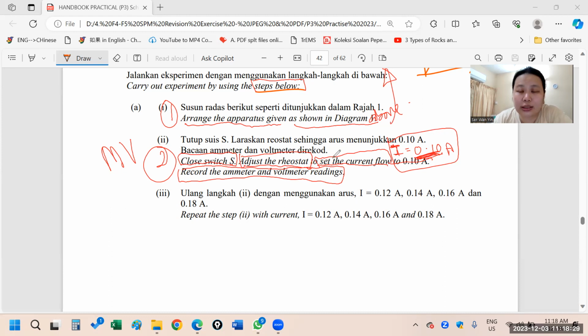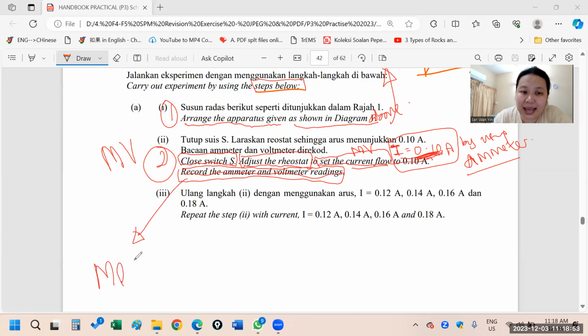Okay, so you can say adjust the rheostat to set current flow I equals 0.1 ampere by using ammeter. Current is your MV. You set a number by using what? Then next, what to do? You say measure.